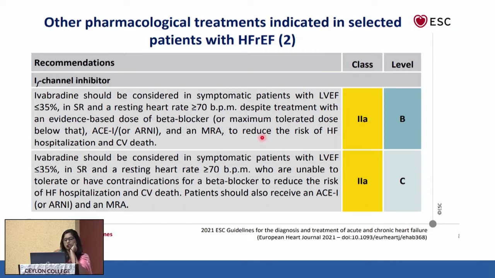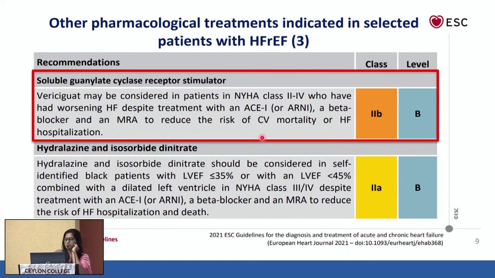And ivabradine should also be considered in symptomatic patients with left ventricular ejection fraction less than 35 in sinus rhythm and a resting heart rate more than 70 who are unable to tolerate or have contraindications for beta blockers, to reduce the risk of heart failure hospitalization and cardiovascular death.